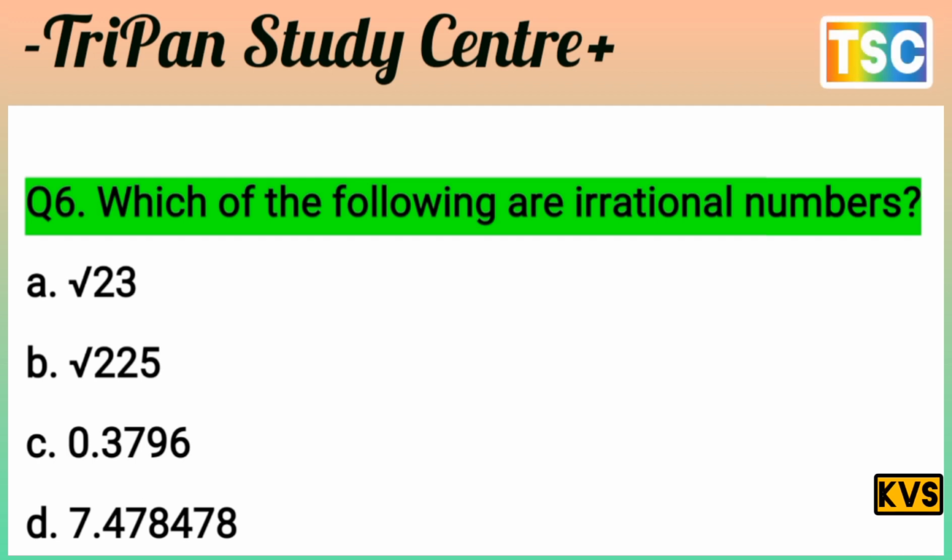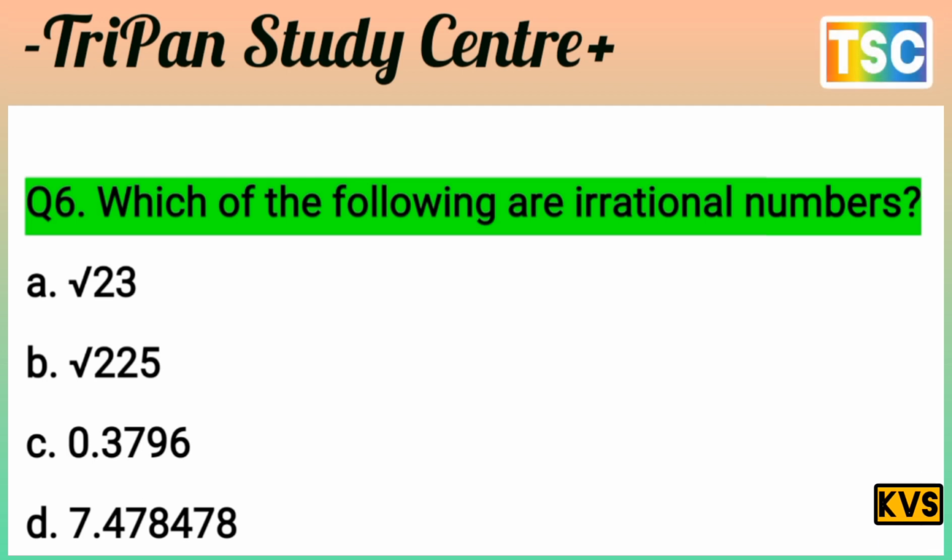I take the D option. In the D option you see 478, and 478 repeating, a similar number. It means it is not an irrational number.